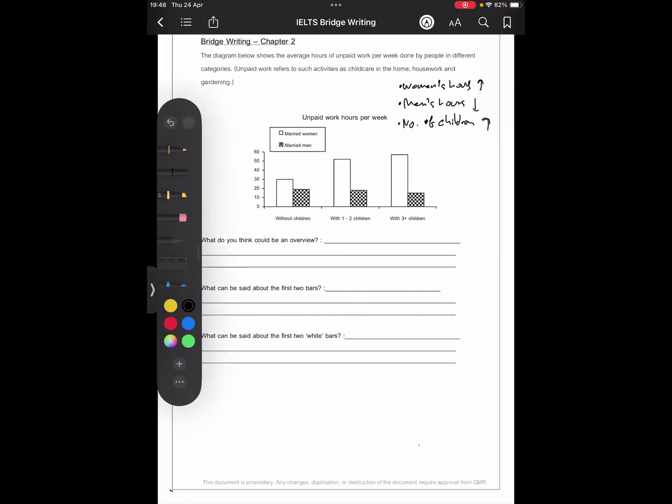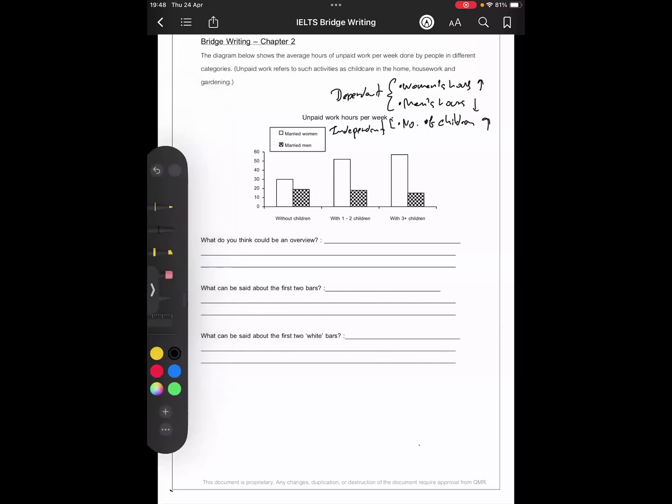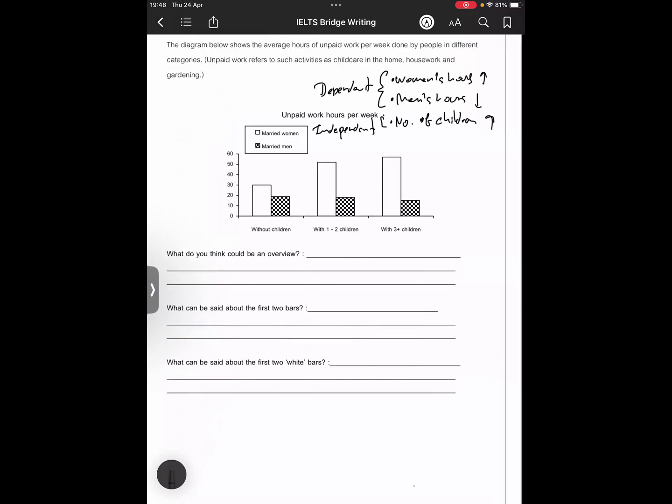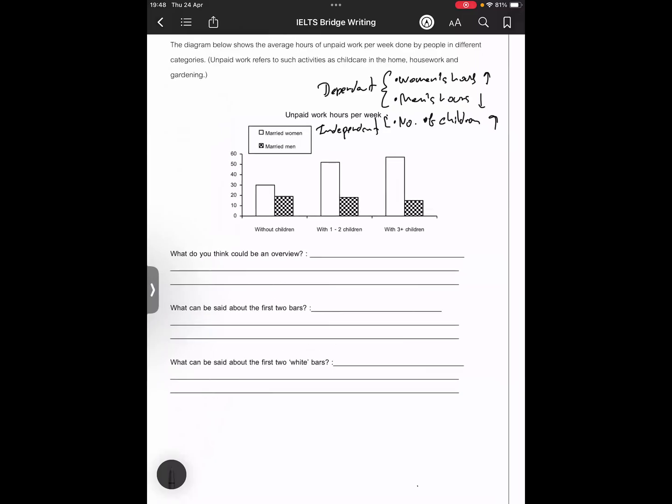All right, so these two are the dependent variables, whereas this is an independent variable. So we can begin our sentence by noticing that the independent variable increases.